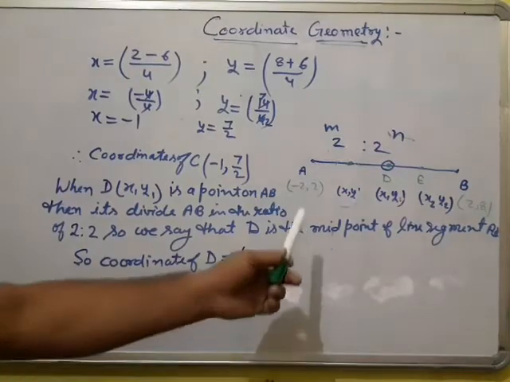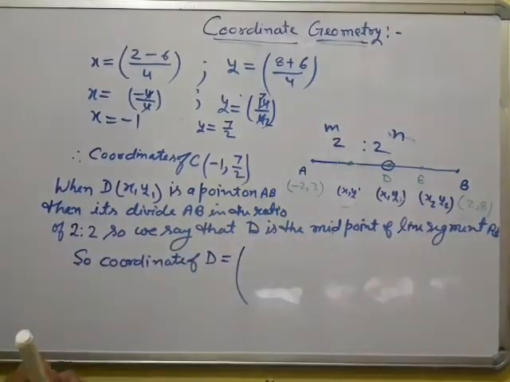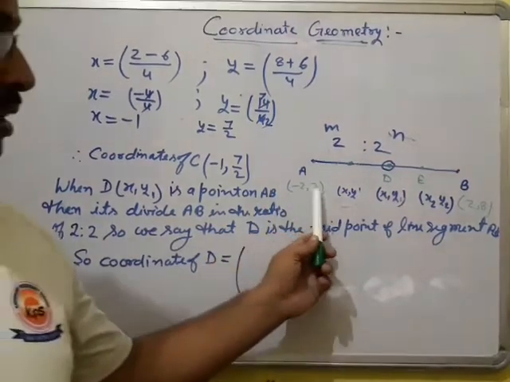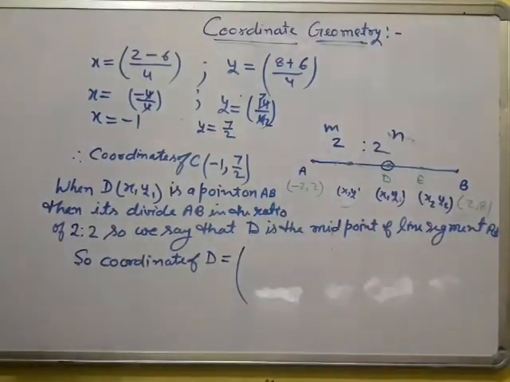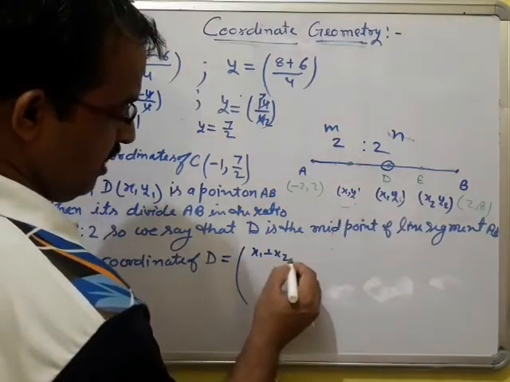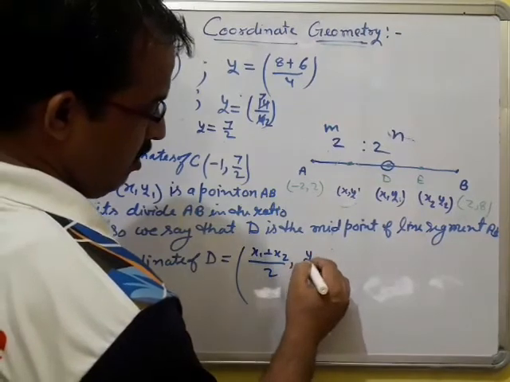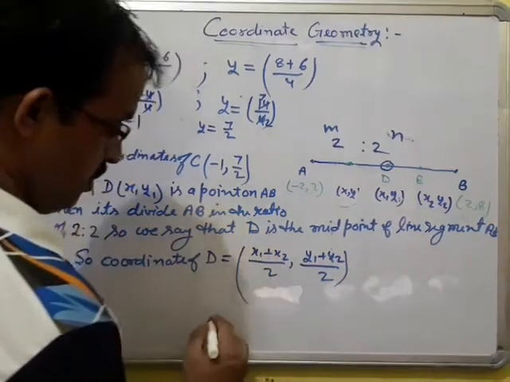So midpoint formula: (x1 plus x2) by 2, (y1 plus y2) by 2. So midpoint formula used here. Clear?